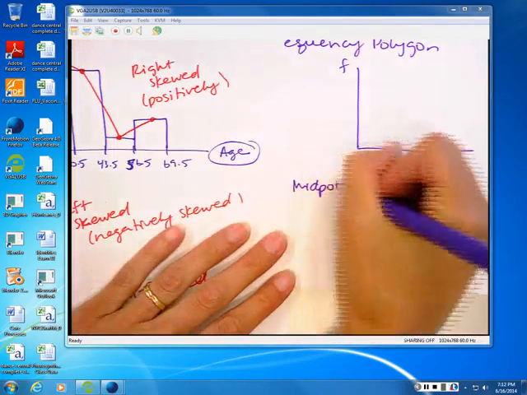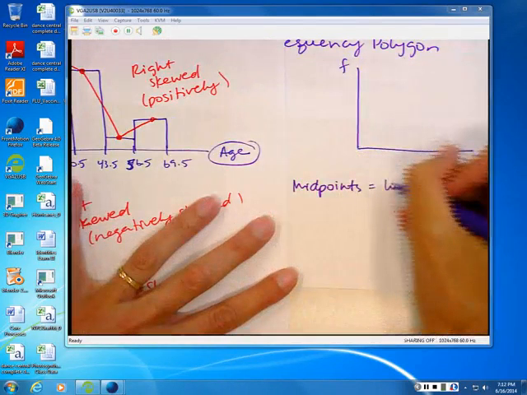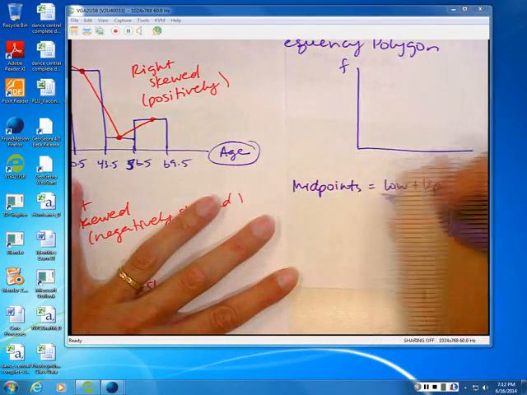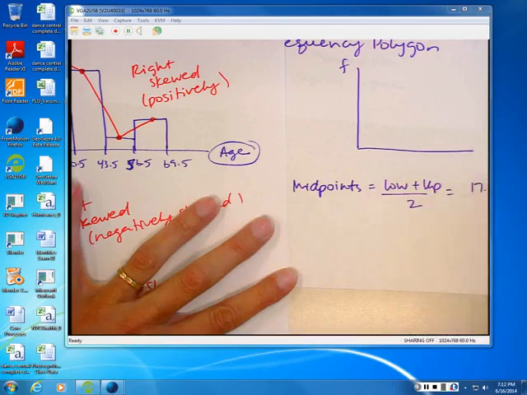The midpoint is just the average of the upper and lower values. So it is lower plus upper divided by 2. So for that first one, it would be 17.5 plus 30.5 divided by 2. If I add those together, I get 48, which gives me a value of 24.